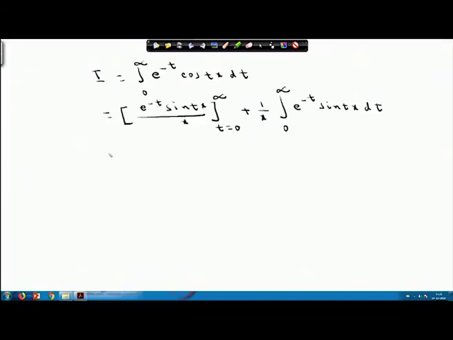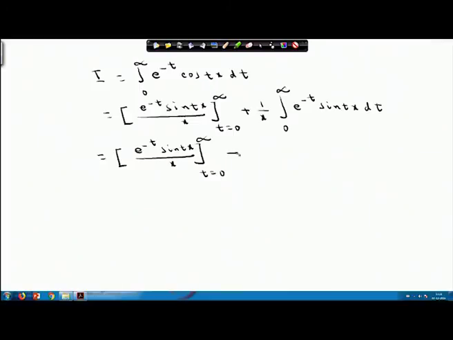So, this I am keeping as it is at present, e power minus t sin t x by x, where t lies between 0 to infinity. For the second integral, again use integration by parts, so that I can get back the original integration, that is 0 to infinity e power minus t cos t x.